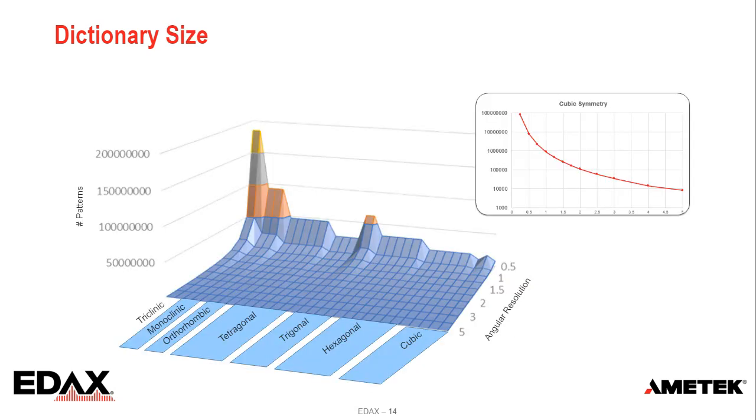So just to show you how big that dictionary can become, obviously it depends on the crystal symmetry, because you have more unique orientations for lower symmetry groups. So at low symmetries, it can become extremely large, and your indexing time is going to scale directly with the dictionary size, because you have to compare every experimental pattern against every single pattern in your dictionary.